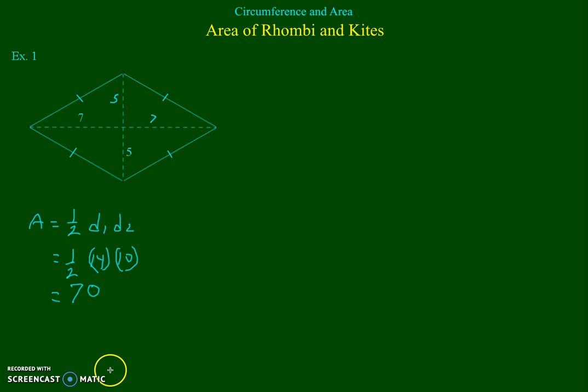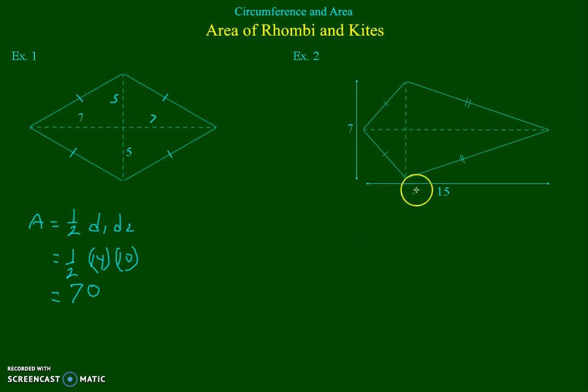Let's look at another example. All right, we're looking for the area of this kite. We know it's a kite because it has 2 pairs of consecutive congruent sides. And so here is D1, which is 7. D2 is 15. It doesn't really matter if this is D1 or D2, because it's a product.